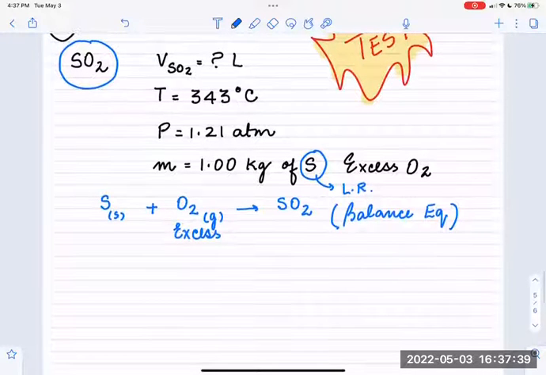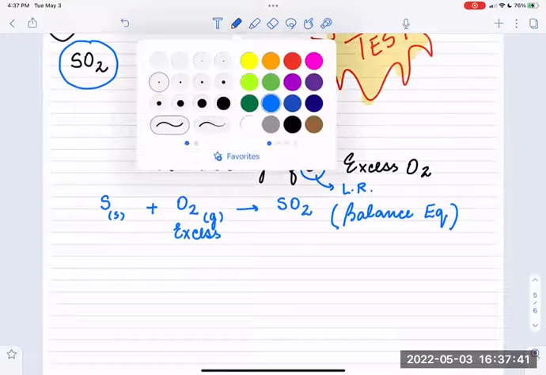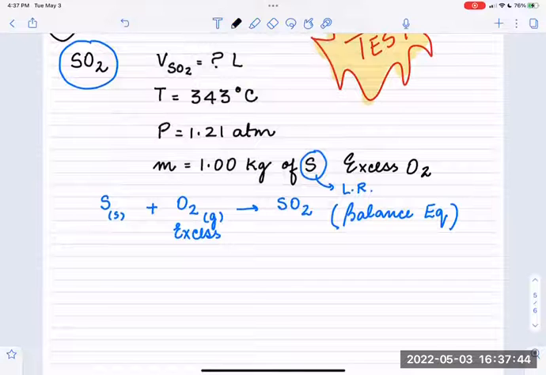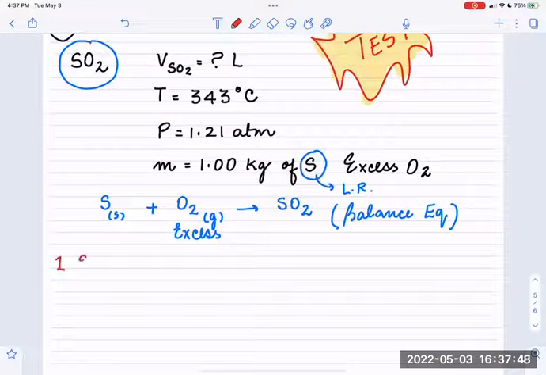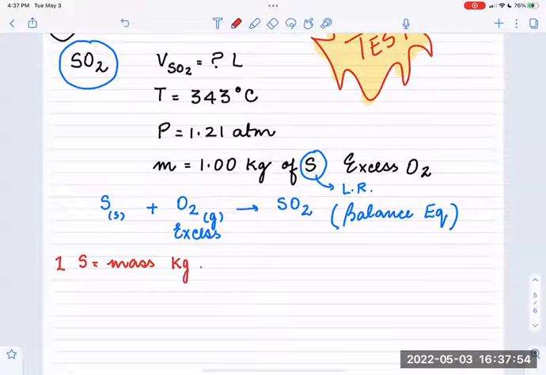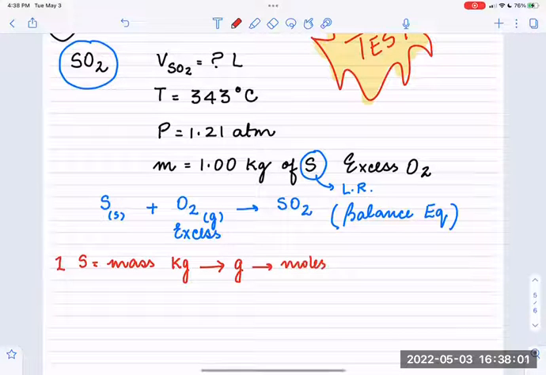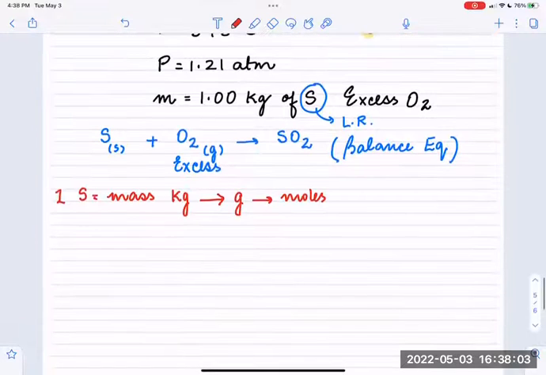Okay, so we are given, so pay attention to this. First thing, what are the steps that you're going to use? Number 1, you are given sulfur, and the mass of the sulfur given is in kilograms. So you're going to convert that into grams, and then from grams, you're going to convert it into moles. Okay, so that's one step. So you have the moles of sulfur.